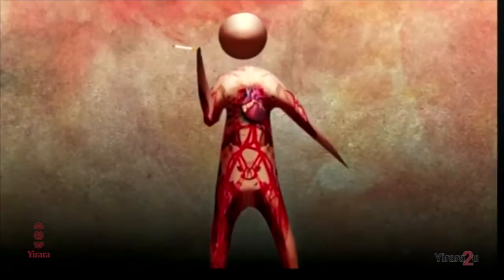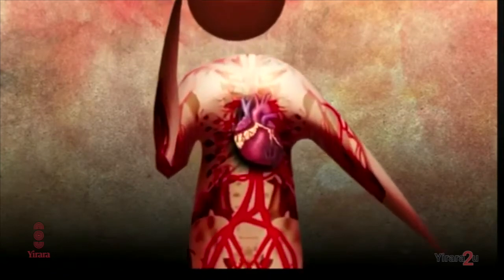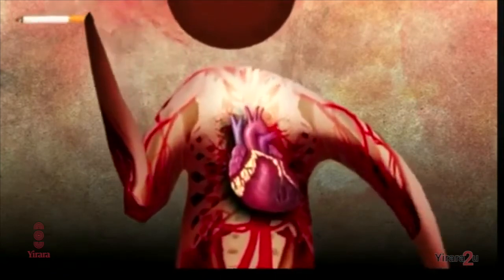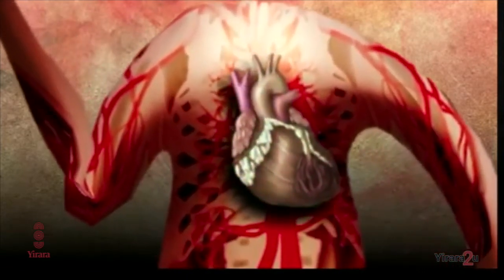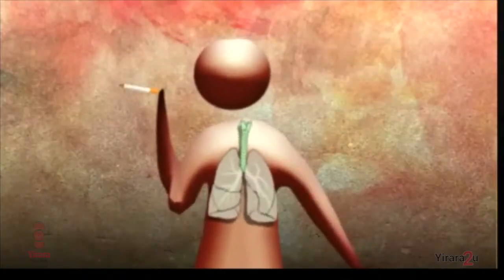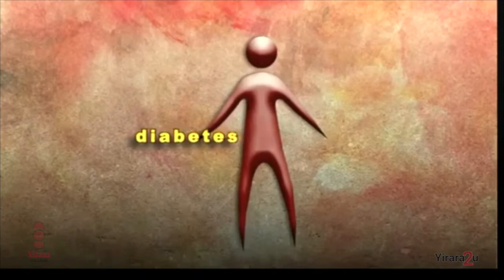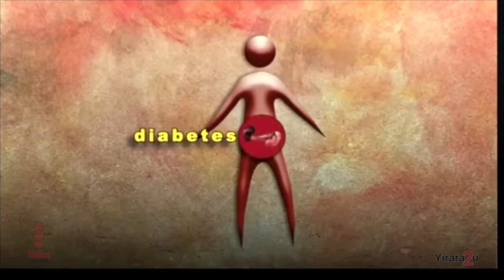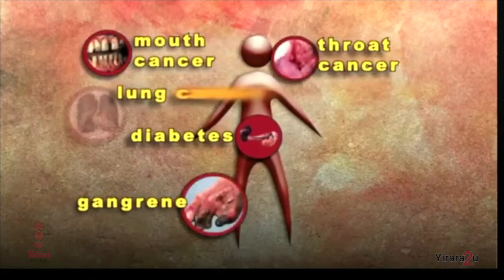Smoking makes your heart get weaker. It can't pump the blood around your body properly. Many smokers die because they get heart disease or have a heart attack. The lungs also get weak, and this makes it hard to breathe. Then you can't play sport so well. Smoking can also make it easier to get diabetes and other serious health problems.